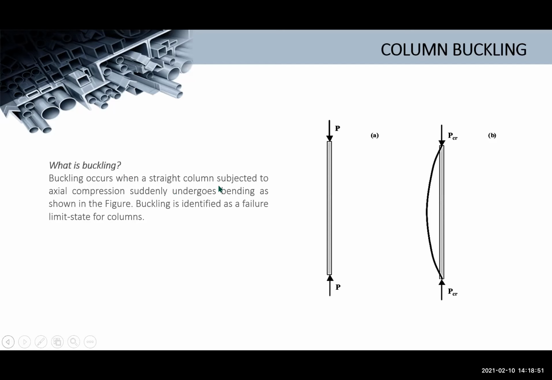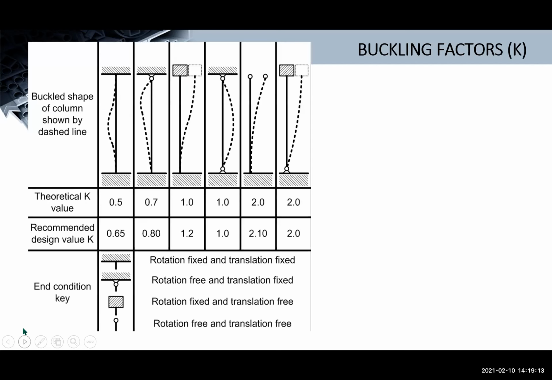Buckling occurs when a straight column is subjected to axial compression like this one. This is the axial force, and the column undergoes bending as shown in this figure. Now, this is what we call buckling. And then we have different factors or variable K, which we call buckling factors.